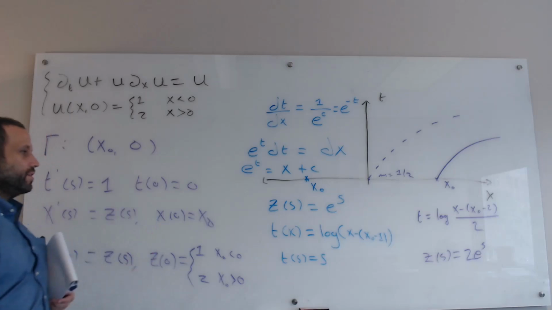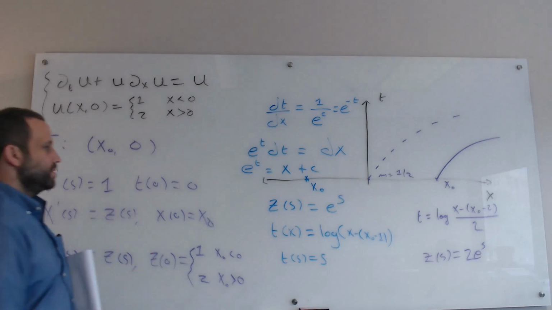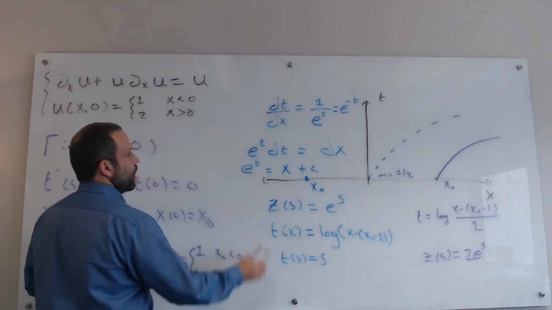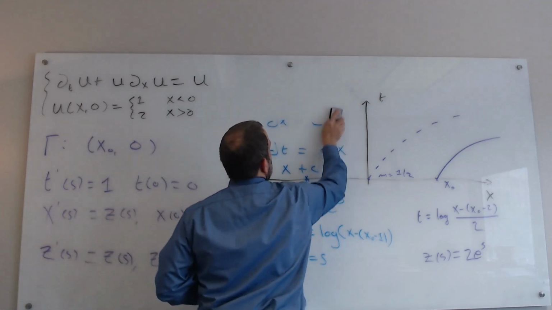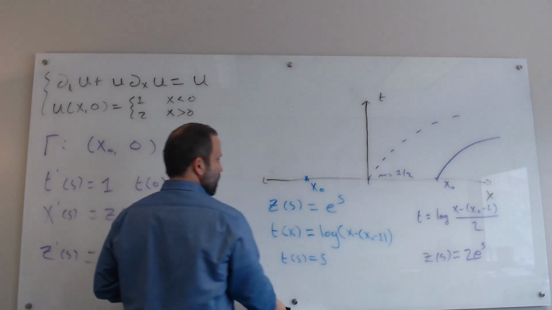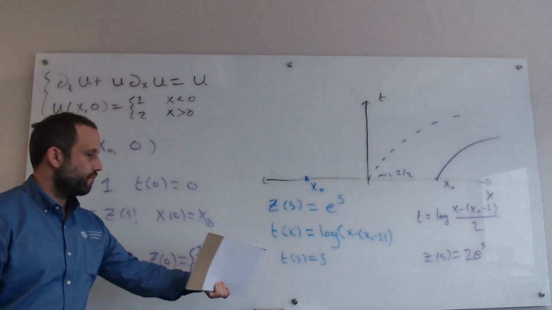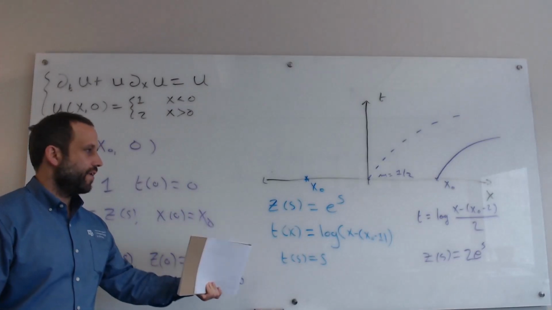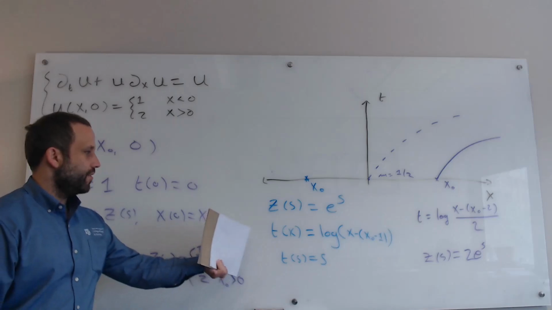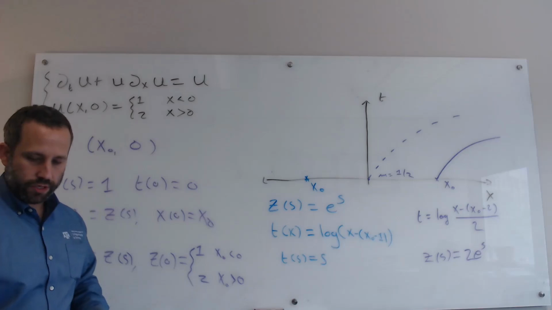These are all different ways of mixing ways of writing these equations. And again, we could have solved the equations like we did over here for x of s and gotten x of s as some exponential function, and then solved for t in terms of x like this. But what we have here is fine for what we're doing.